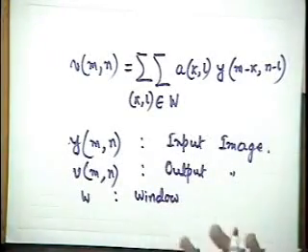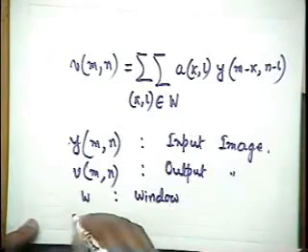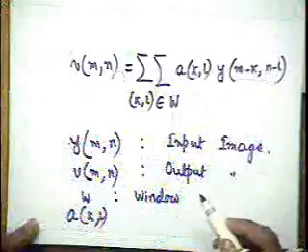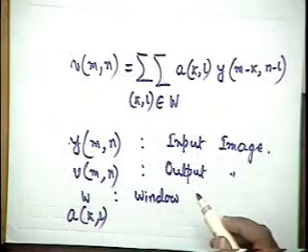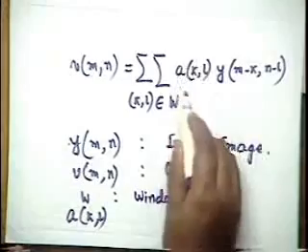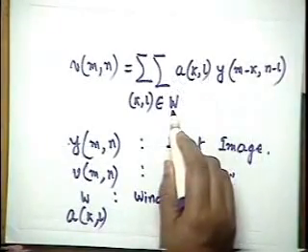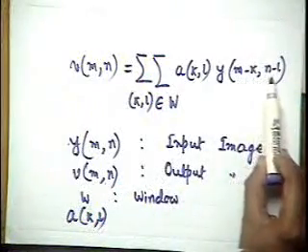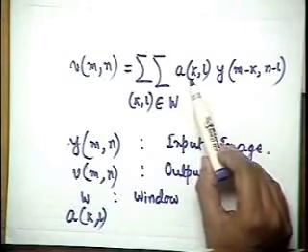And a(k,l), this is a new term which I am introducing over here. a(k,l) is nothing but a filter of a very small size. It's a filter which is defined only over this window W. Over a window W, I define a filter a(k,l). What it simply does is that the intensity at the point m minus k, n minus l is simply multiplied by this a(k,l) term.